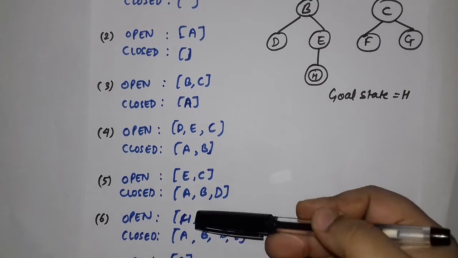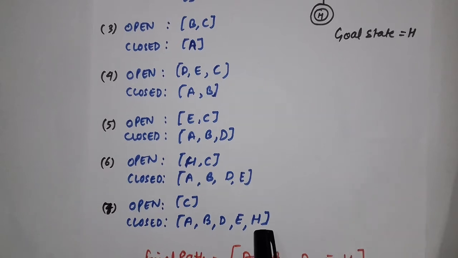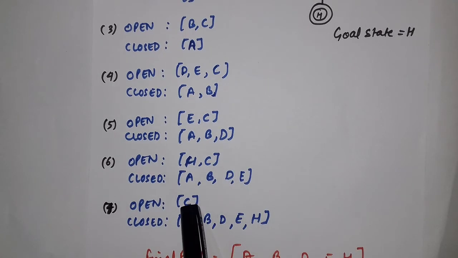So here, as we can see, H is transferred to closed list and C is remaining here.